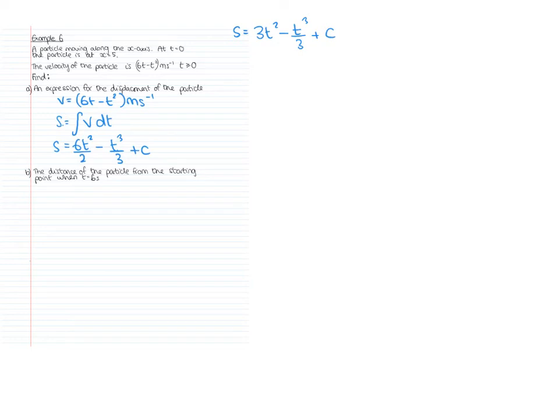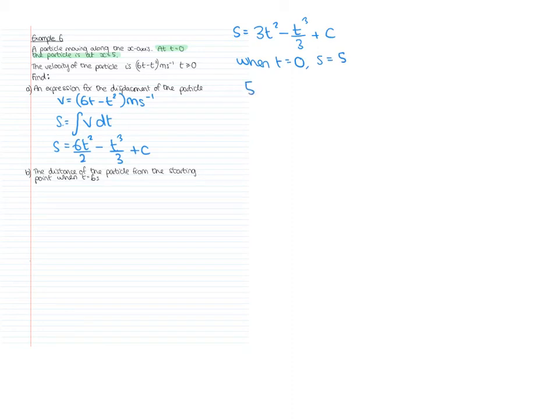So we need some sort of known value. And what do we know? We're told that when t is 0, the displacement is at x equals 5. Okay, and we know the displacement represents motion along the x-axis, so the x value is the same as the s value. So when t equals 0, s equals 5.